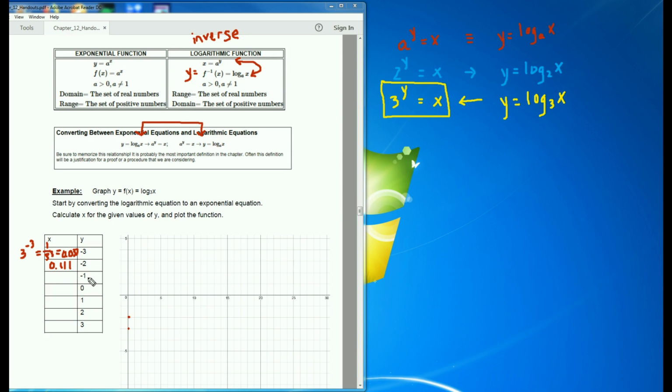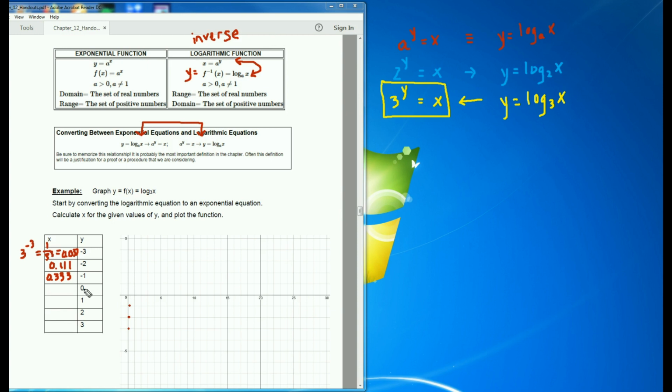If y is negative 1, x is 3 to the negative 1, which is 1/3, so about 0.333. So now we're at 1/3, about here, and coming down to negative 1.